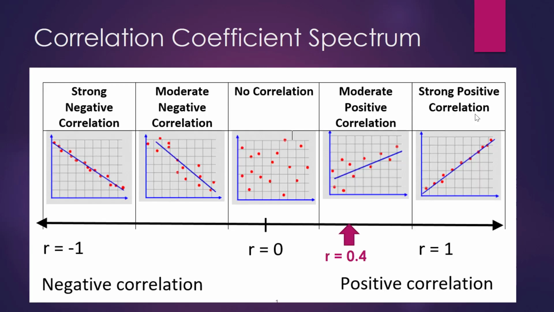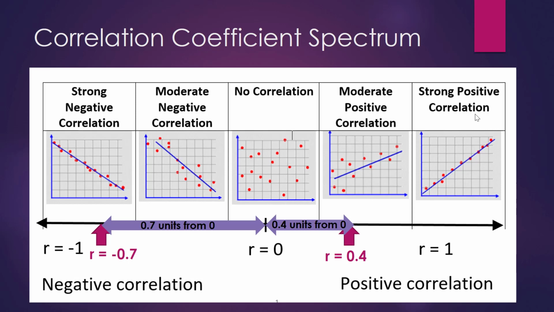Notice on the spectrum, R equals 0.4 is about halfway between 0 and 1. It's 0.4 units from 0. Negative 0.7 is much closer to an R value of negative 1, or a perfect negative correlation. It is 0.7 units from 0.